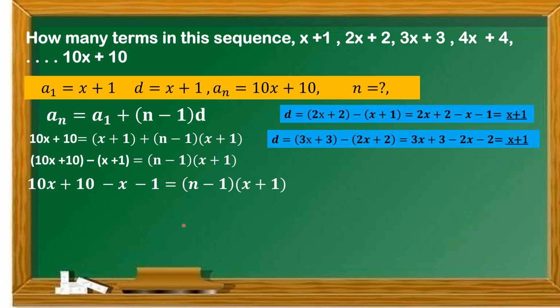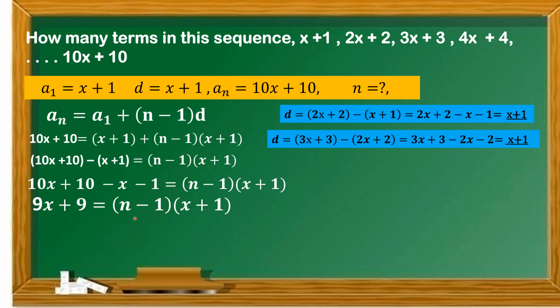To further simplify, the 10x and the negative x can be combined, and the positive 10 and negative 1. So 10x minus x, we have 9x, and the positive 10 and the negative 1 will give us a 9.